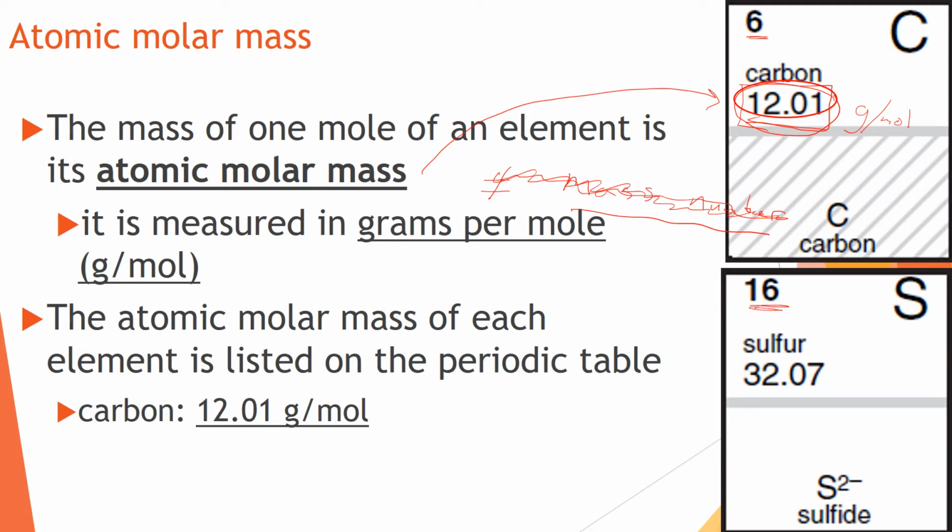If we had 1 mole of sulfur, it would weigh 32.07 grams per mole of sulfur. So atomic molar mass is measured in grams per mole.